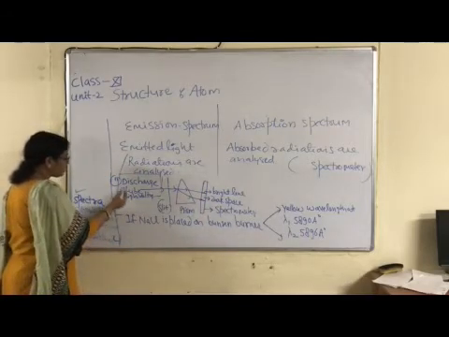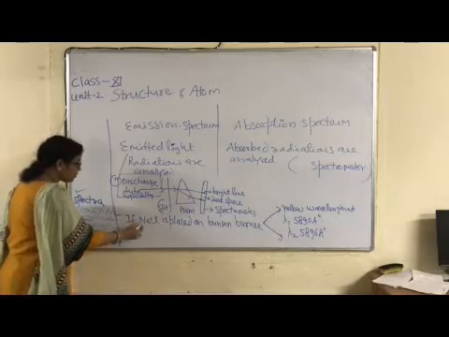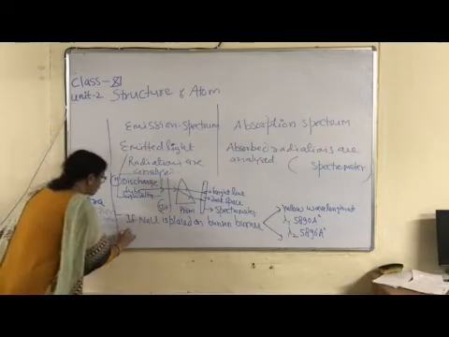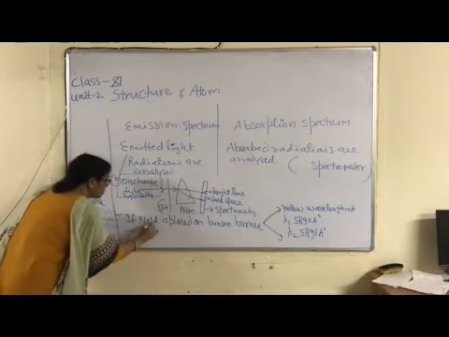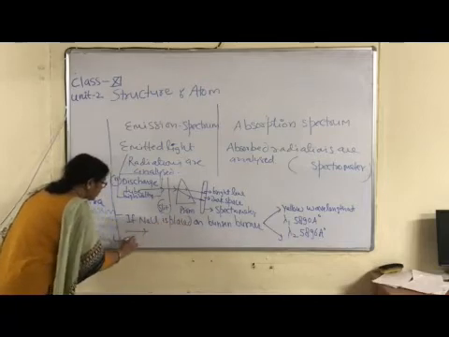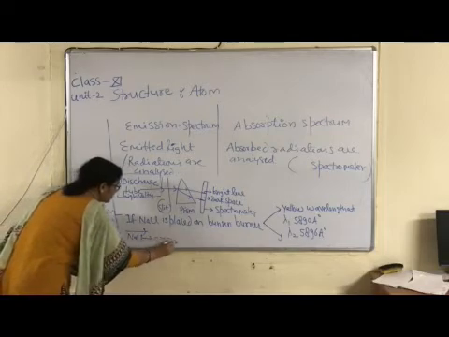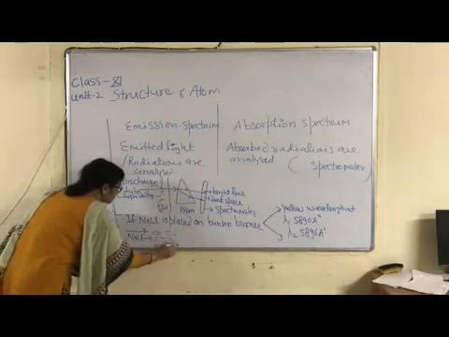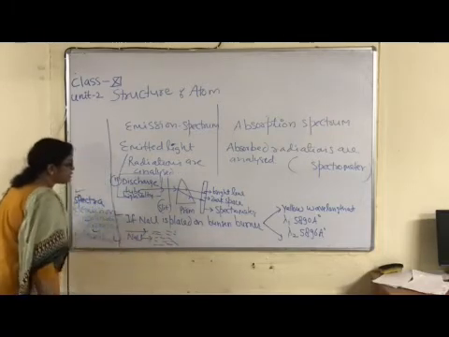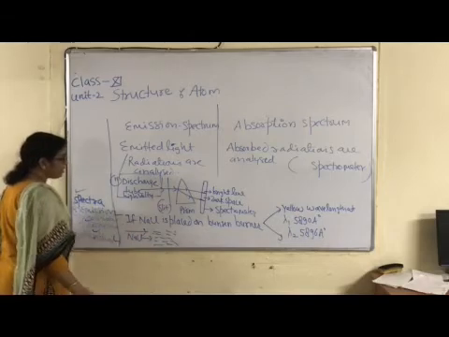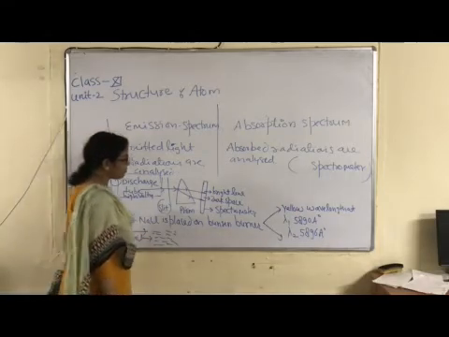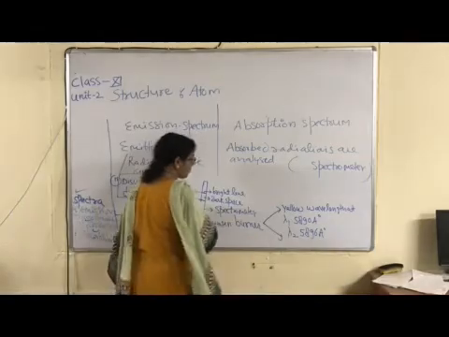If instead of a discharge tube, sodium chloride is taken, it means first heating of sodium chloride. Sodium chloride is placed on a Bunsen burner. Then emission radiations are emitted from NaCl, and these radiations are analyzed. Then two wavelengths of yellow color are observed in the spectrometer.